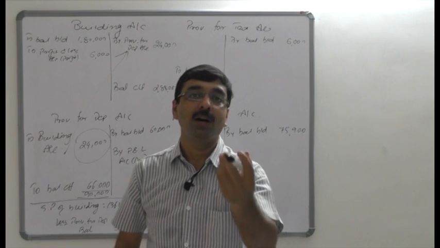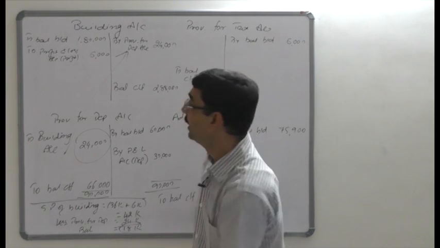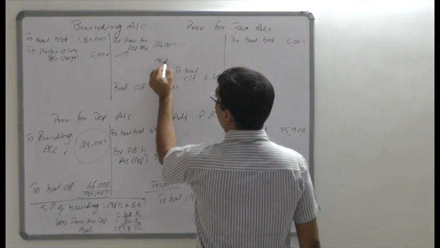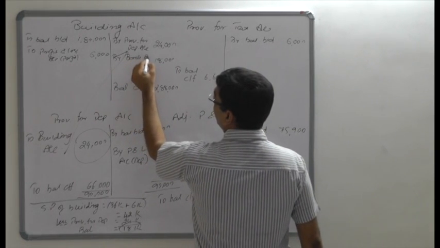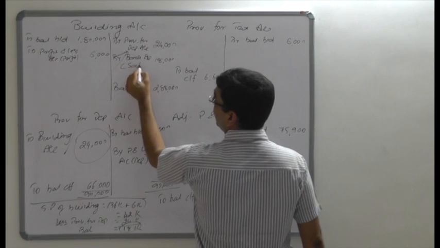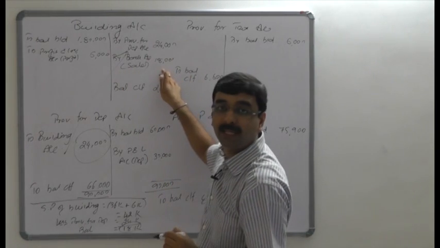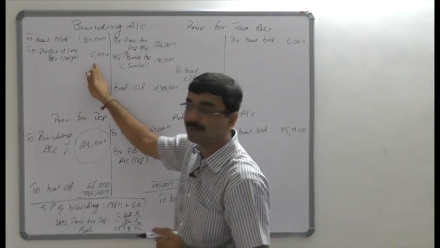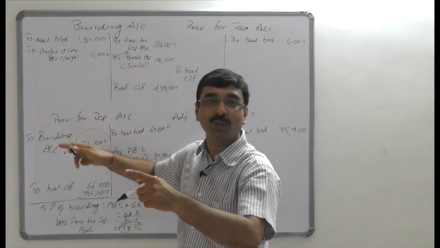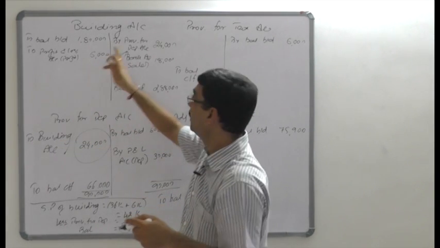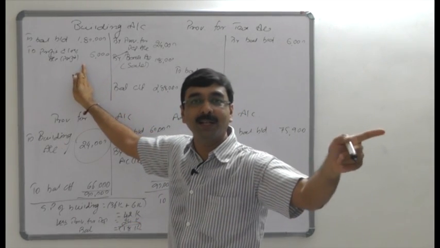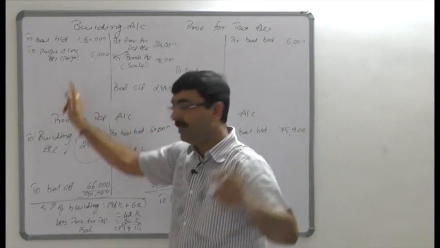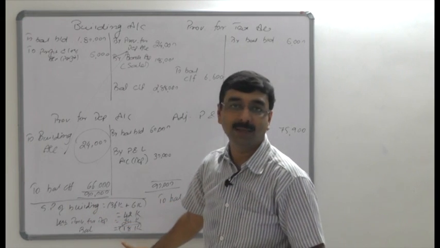So the amount realized from the building is 18,000, and it comes by bank account. So bank account is your sale. 24 plus 18 is 42. 42 minus 6 is 36. So 36 is your cost price and 6,000 rupees is profit. The profit is already credited in this balance, which would be transferred to the P&L account. The P&L account already has an entry, and this amount would be considered here.